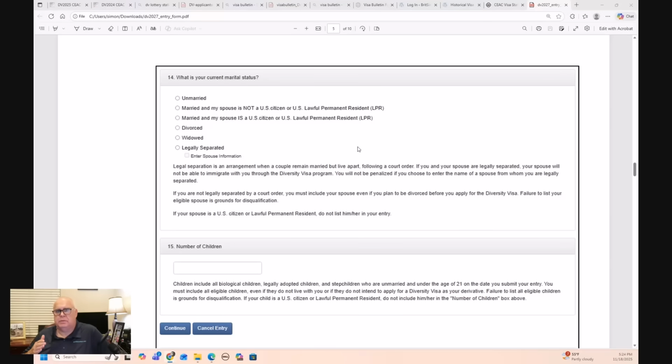They think that because their stepchild is not living with them anymore, that stepchild is living with the previous partner, that they don't have to include that stepchild, but actually that stepchild has to be included in the form. So all of your children who are under 21 and unmarried on the day that you enter the lottery have to be included.